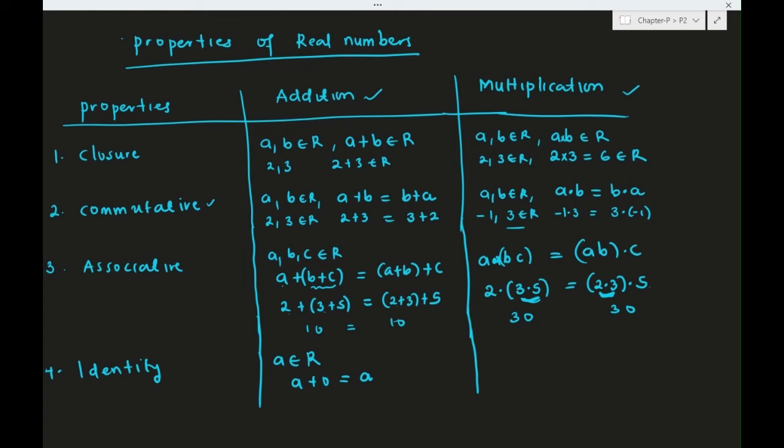It means in real numbers there is an identity in terms of addition, and that identity is 0. Because if you take any real number, you add 0 to it, you still retain the real number itself.